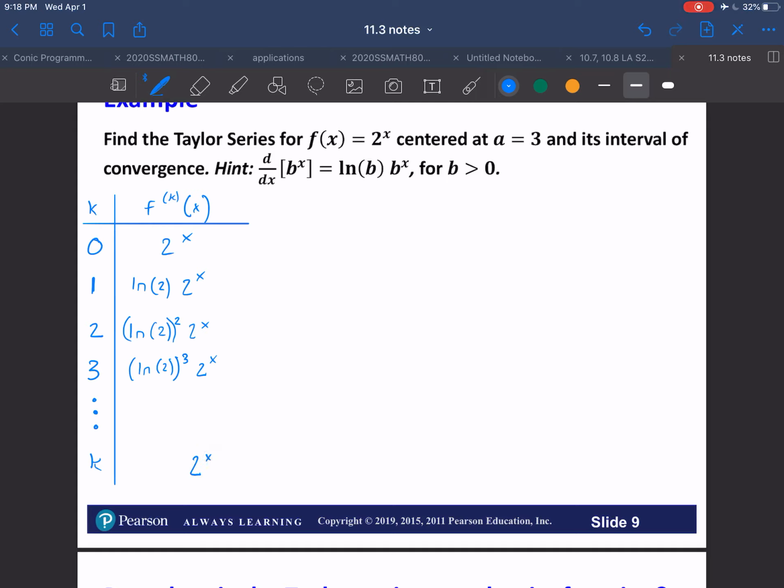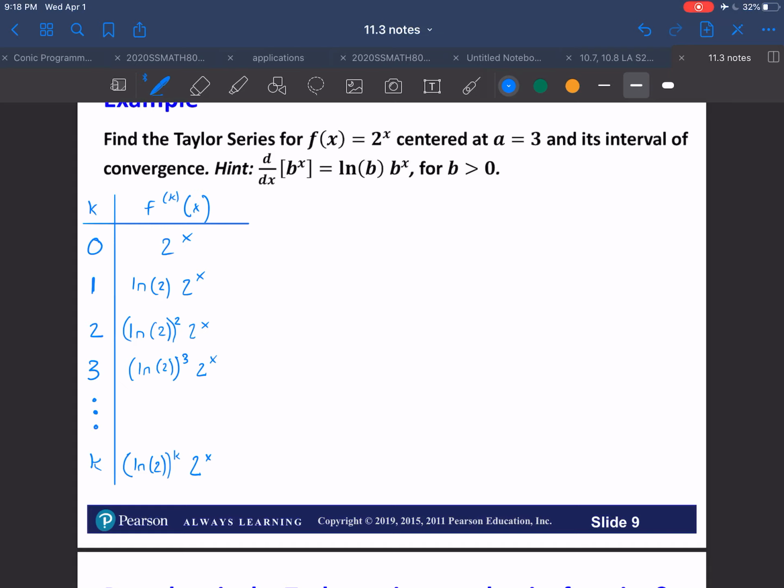If we want to calculate the kth derivative of our function, then the basic idea is that in each one of these derivatives we add on an extra power of our natural log. And so this will just be natural log of 2 to the k power.